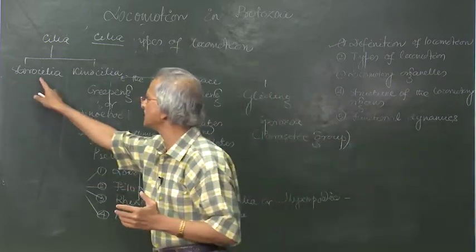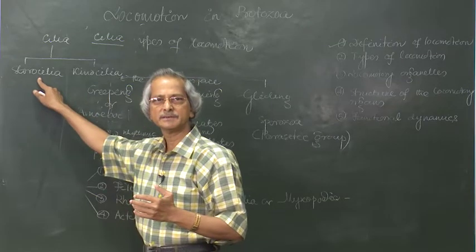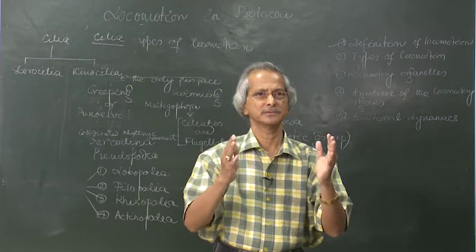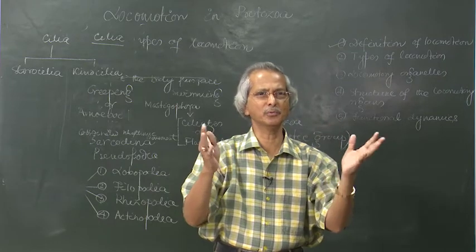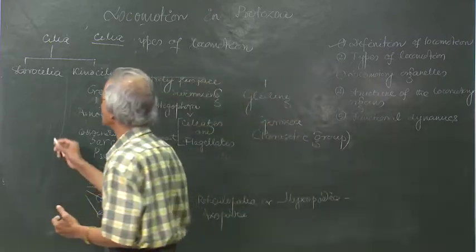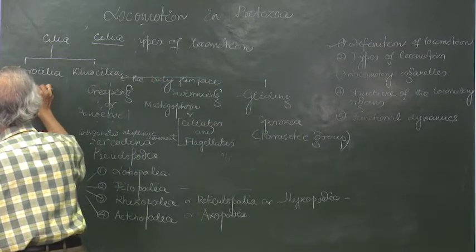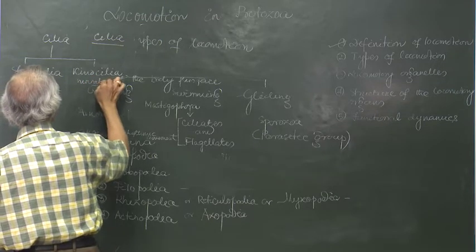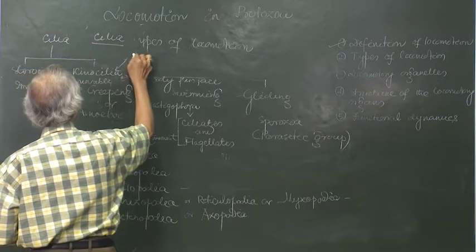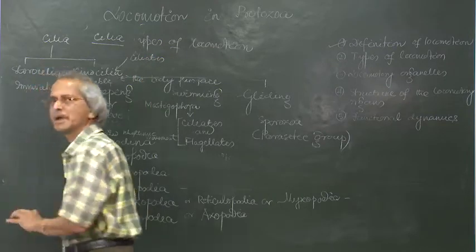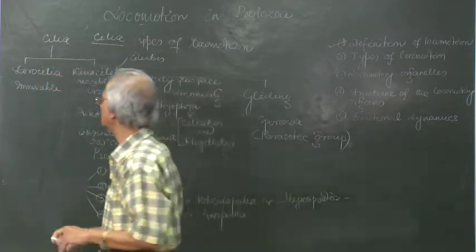Stereocilia: stereos means solid. These cilia almost do not move, they are immotile. So, these are immovable, whereas kinocilia are movable. These are normally found in ciliates, but stereocilia are found in the macula.